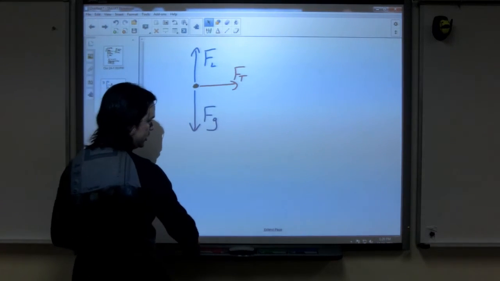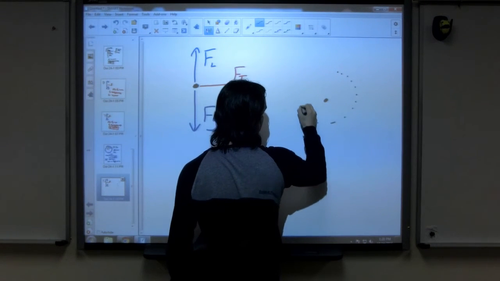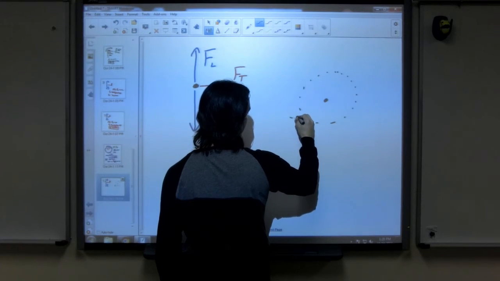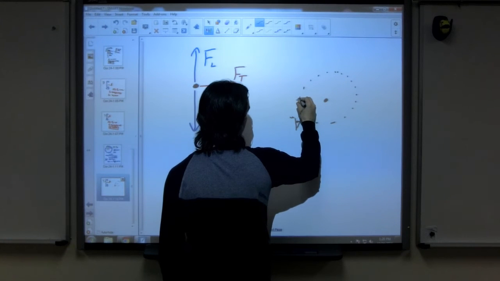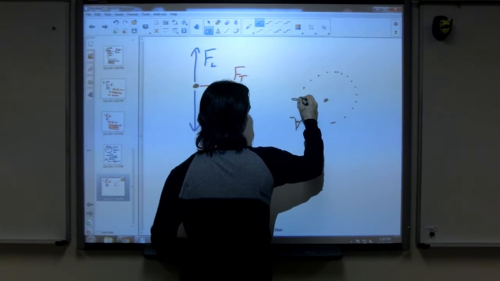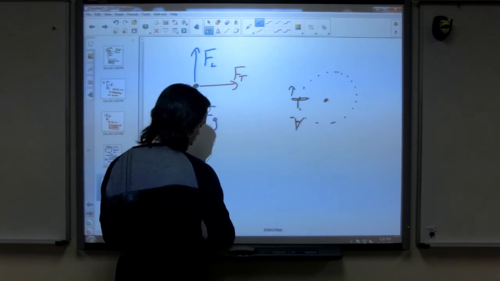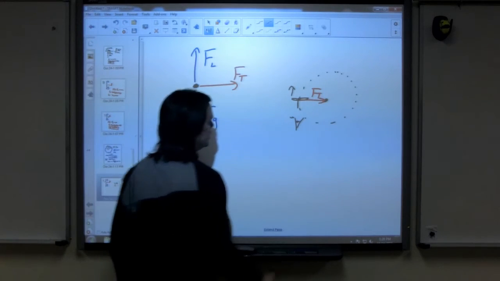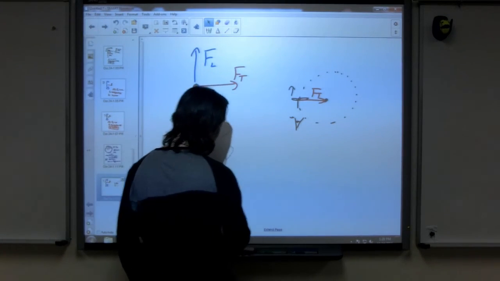What I want you to imagine is, if this is the top-down view, and we've got it moving in a circle like this, we're looking at it from behind here. That's an eye. And then we're seeing the plane going this way. So now I've got my force of tension pointed to the right. Well, the force of tension is a centripetal force. It is actually pulling to the right at this instant in time.